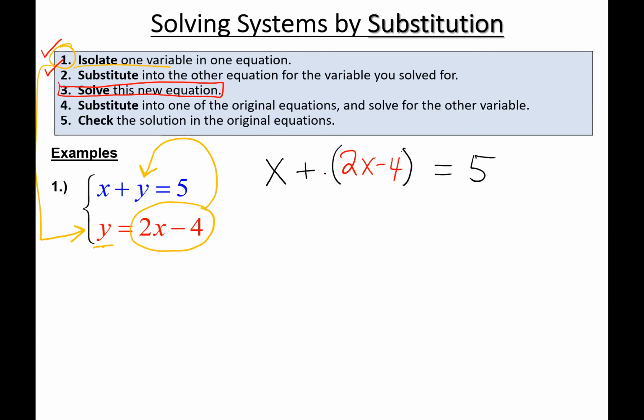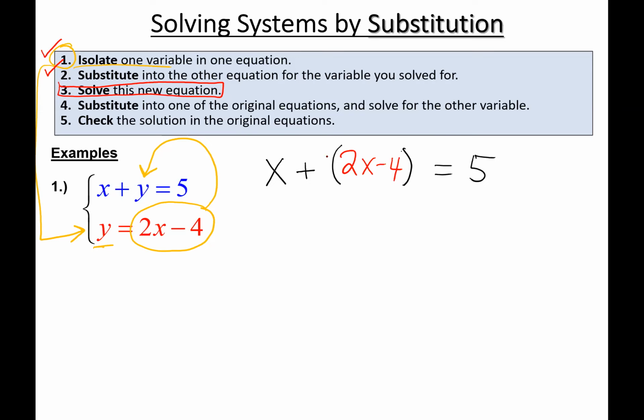That wasn't exactly necessary here because there was no number in front of the y, but if I wasn't just replacing y, if let's say it was 3y, I would need to keep the 3 and then keep the parentheses, and I would need to distribute the 3. So sometimes the parentheses will be necessary, which is why I recommend anytime you're substituting for a variable, just immediately put parentheses. And then if you don't end up needing them, that's fine. If there's a number there, then you know to distribute.